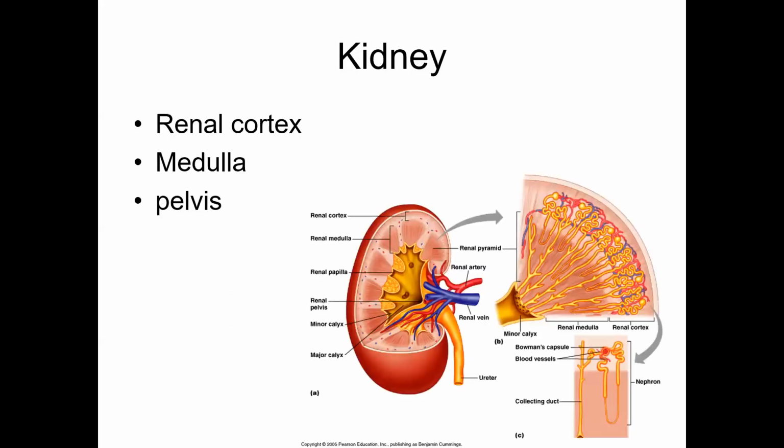If we look at the kidney structure in this picture, the outside, lighter color part is called the cortex. The deeper part is called the medulla. You can see this lighter cortex structure extends deeper into the medulla area.